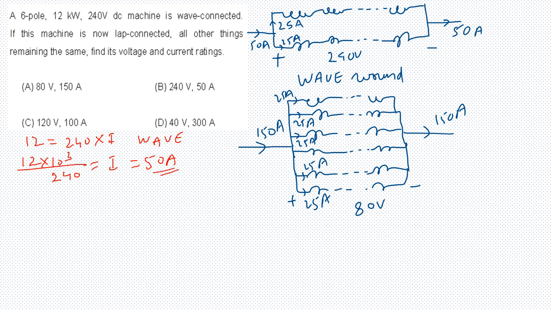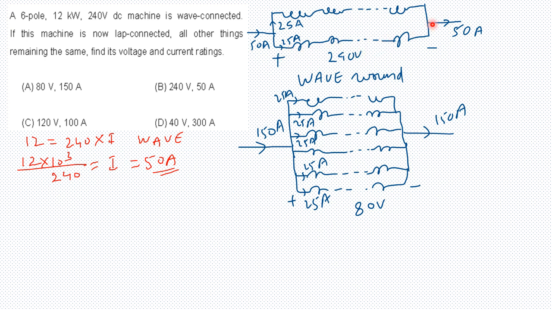So how you can visualize this 50 amps: the voltage is 240 volts, and because there are two parallel paths, the 50 amps is dividing into 25 and 25 amps. Here the dot is shown because we don't know the number of coils, hence you can see that the 50 amps is getting divided into two equal parts.